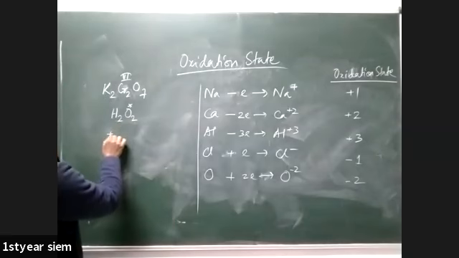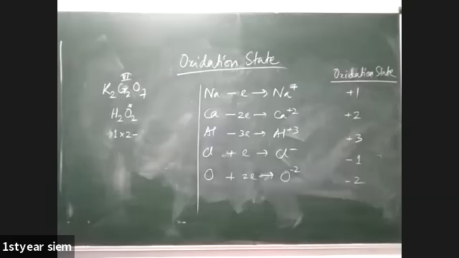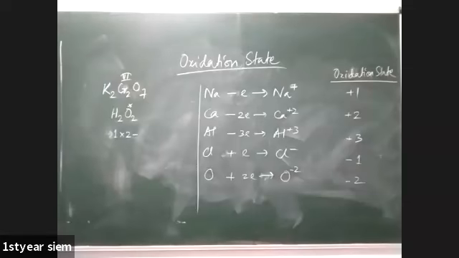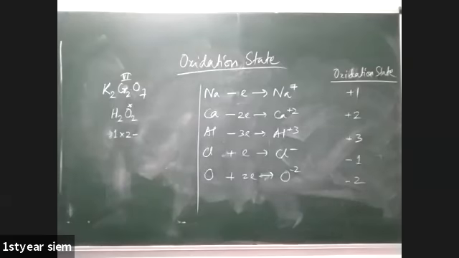So, there are two hydrogens, plus 1 into 2. Sir, it will be -1. Yeah, it is -1.